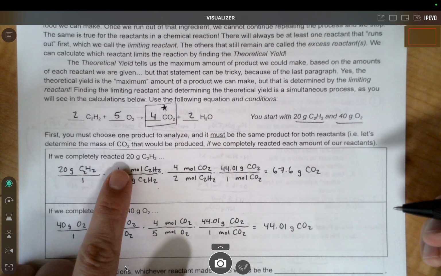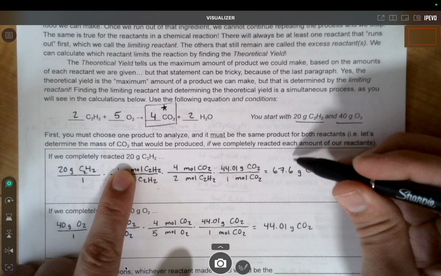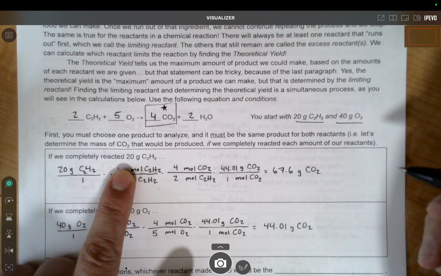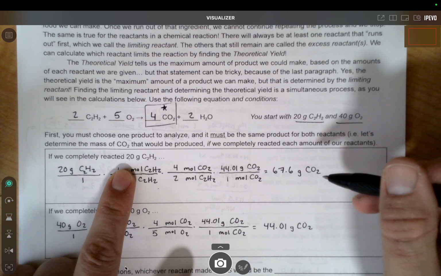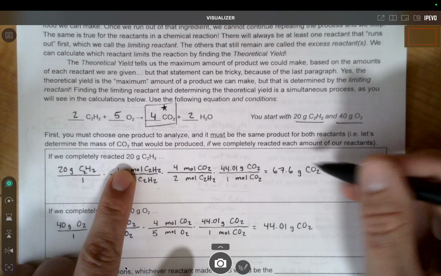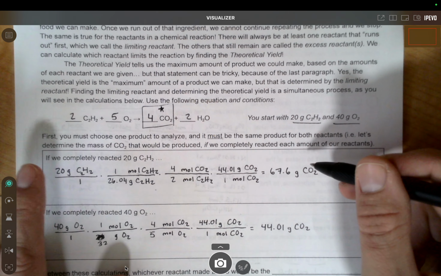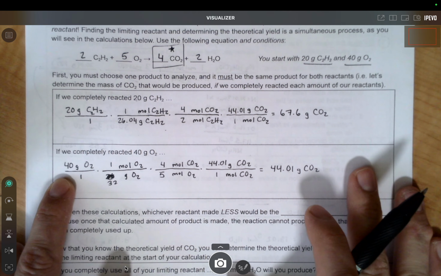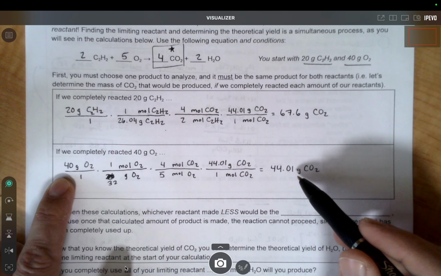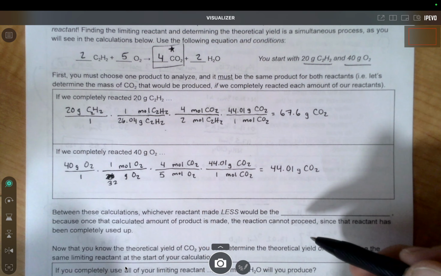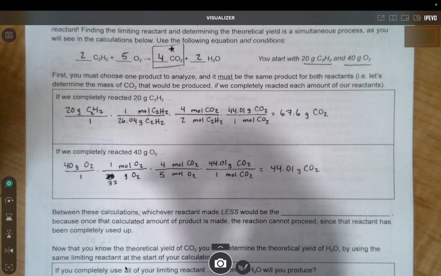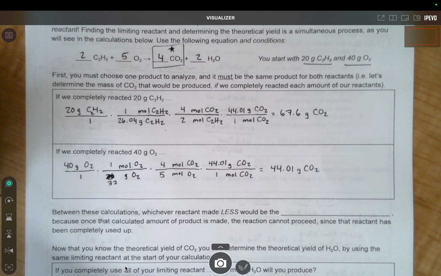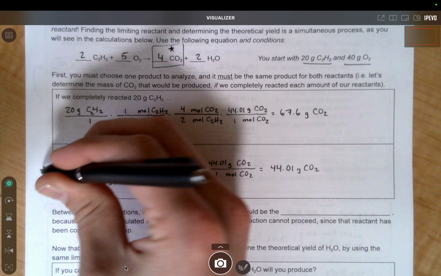But what does it mean? If I were to completely use 20 grams of ethyne, this is the best I could do. 67.6 grams is the theoretical maximum that I could make of CO2 if I used all of that. If we completely reacted 40 grams of oxygen, that's the best I could do, 44.01 grams. Which of these two reactants then limits the reaction? It's oxygen.